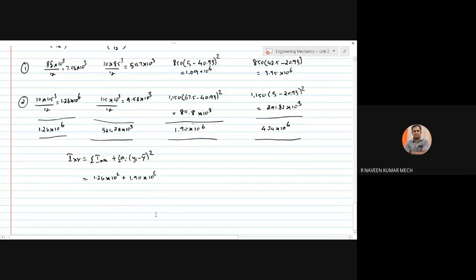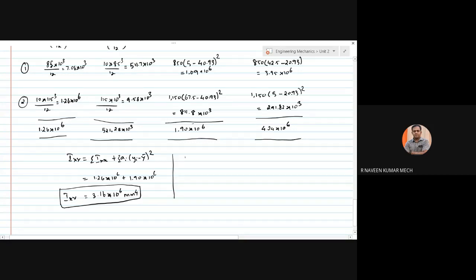Once we add this, we get the value 3.16 into 10 to the power 6 mm to the power 4. This is the value of Ixx.